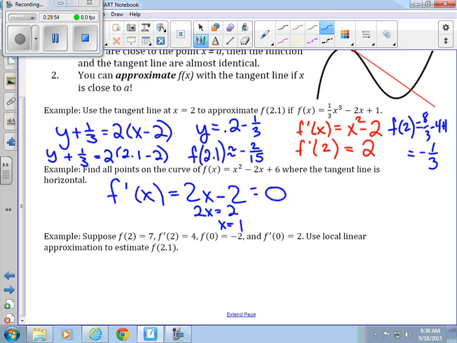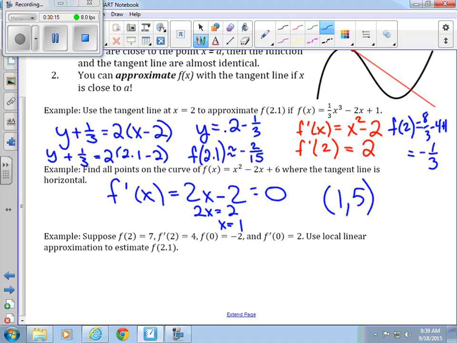It does say find the points on the curve. Well, how would I find the points on the curve? I'm almost there. I'm halfway. You have x, you plug that in. So I have x, plug it in and get the y value. 1 squared is 1 minus 2 is minus 1 plus 6 is 5.